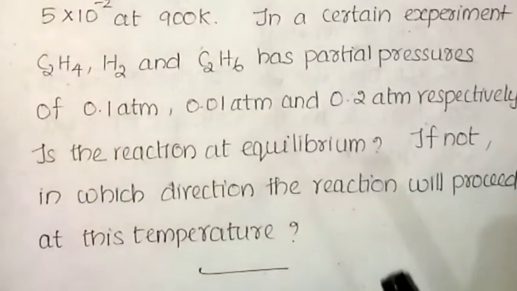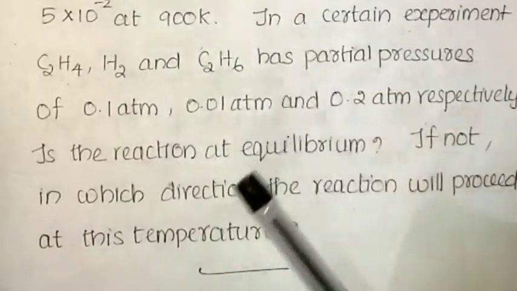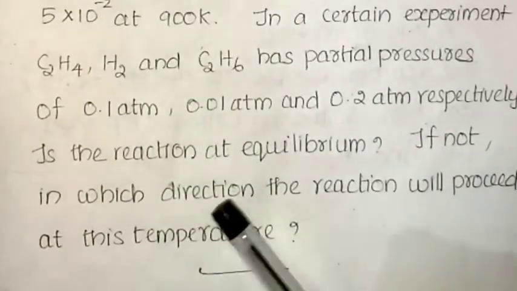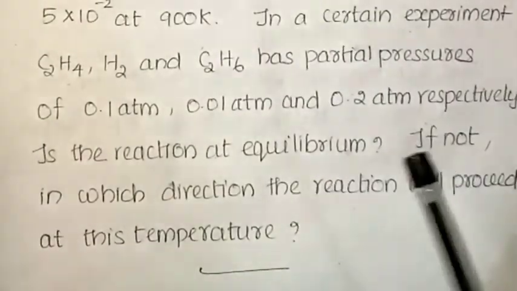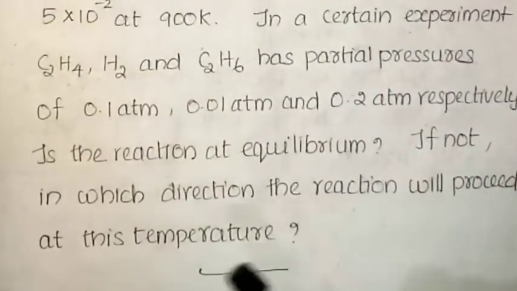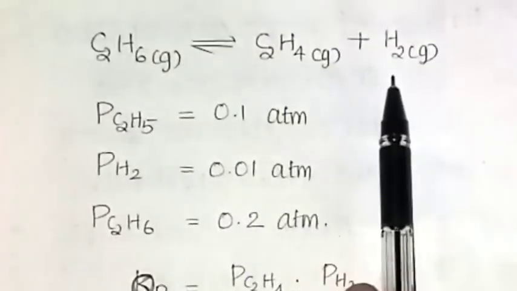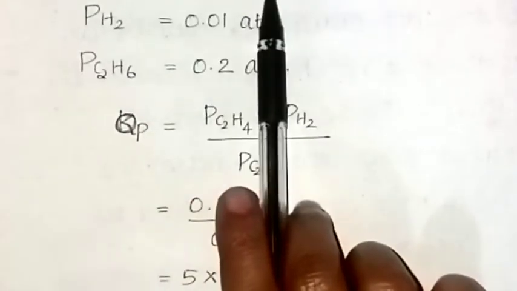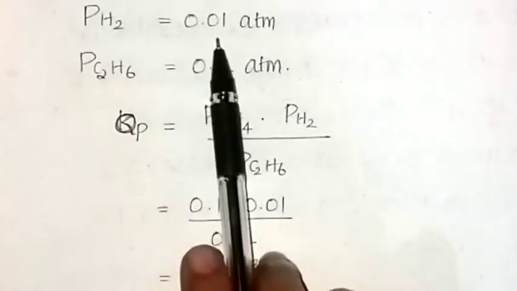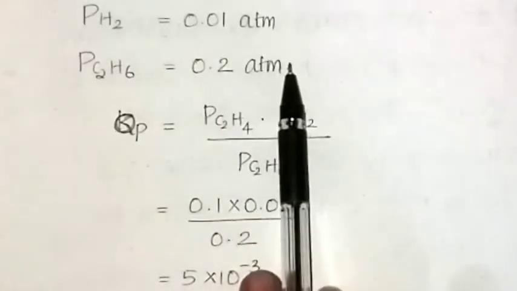So, the equilibrium constant Kp is given. First question, is the reaction at equilibrium? If not, in which direction will the reaction proceed at this temperature? Here the reaction is this one. The pressure of C2H4 is 0.1 atm, pressure of H2 is 0.01 atm, pressure of C2H6 is 0.2 atm.